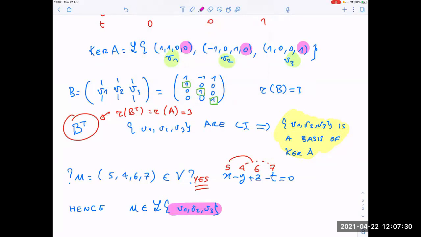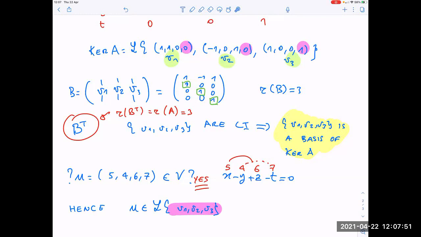And the third component only depends on v2, because I have a 0 here, a 1 here, a 0 there. So this number only depends on v2. And the second component only depends on v1. So this number only depends on v1.